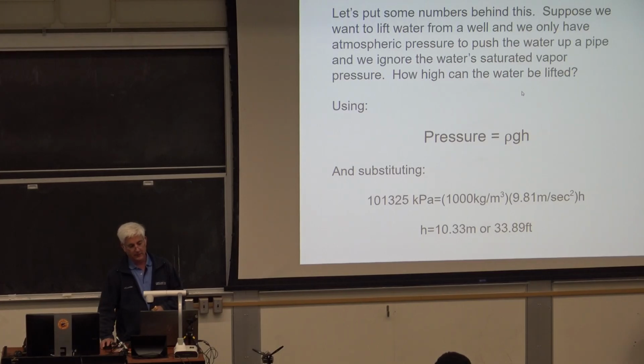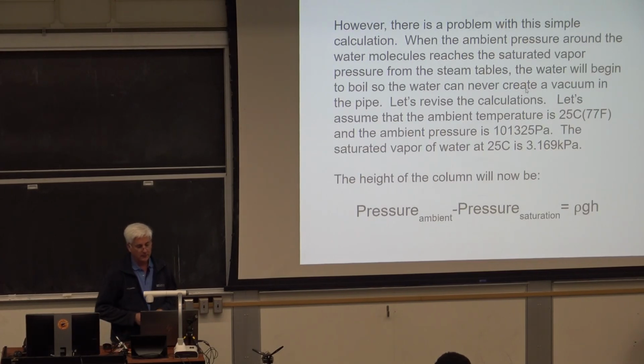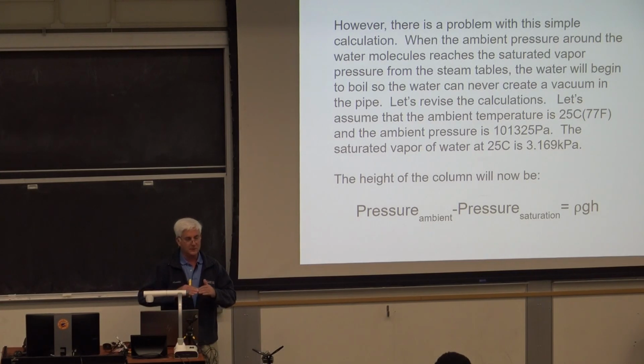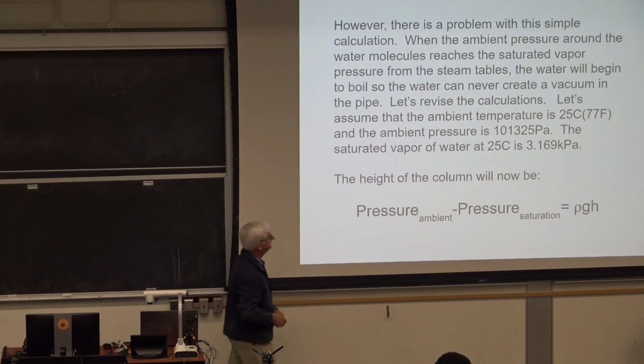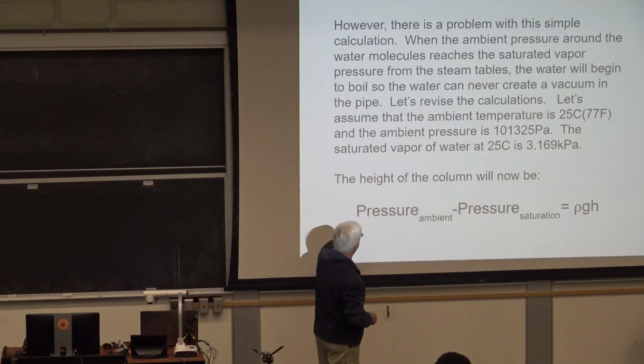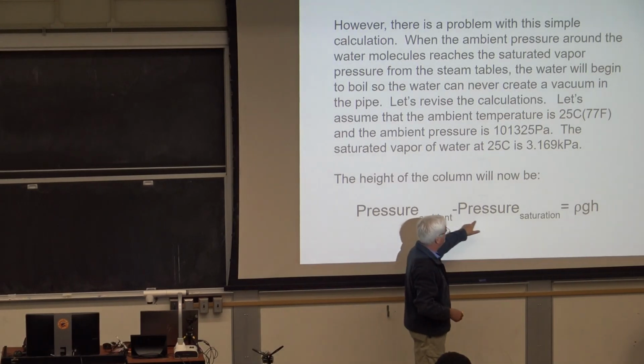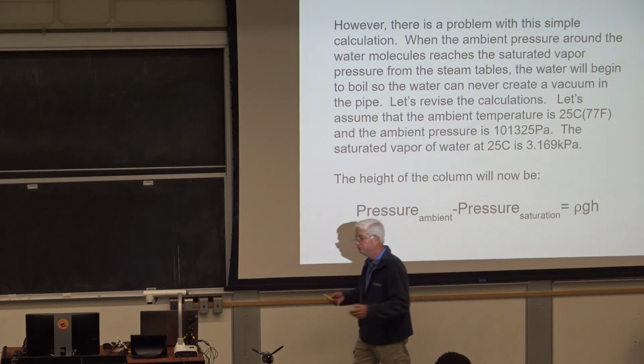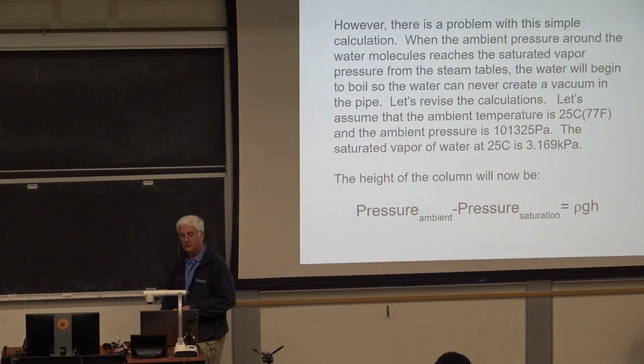So let's fix that. Let's say that we've got 72 degrees ambient temperature. I start sucking up my super long drinking straw. So then my pressure is going to be the ambient minus the saturation pressure equals rho g h.